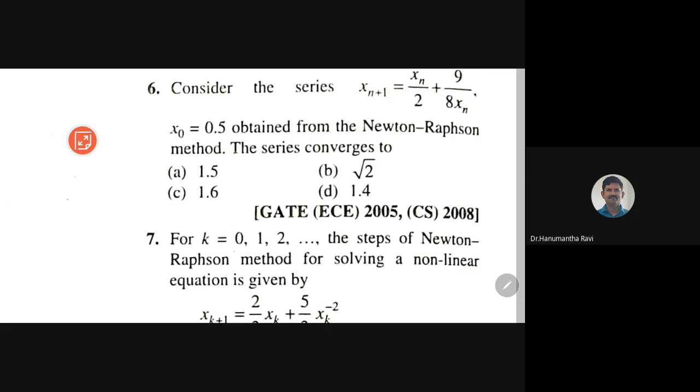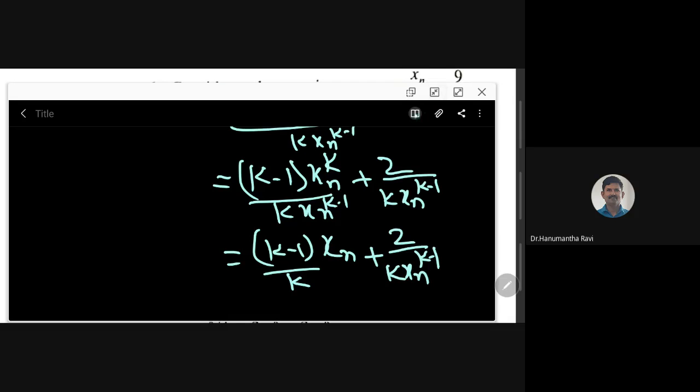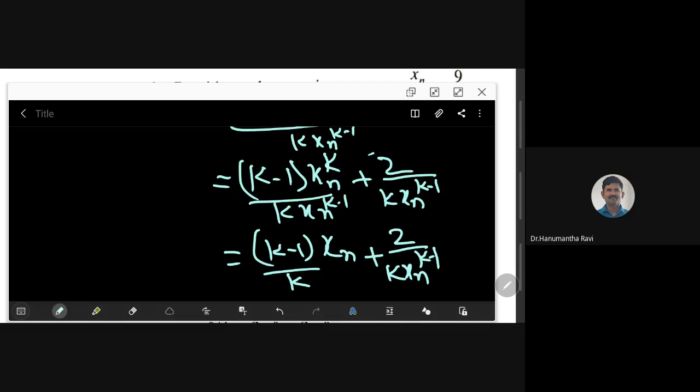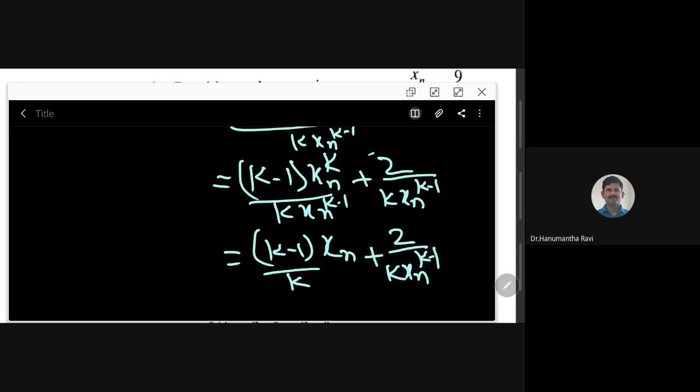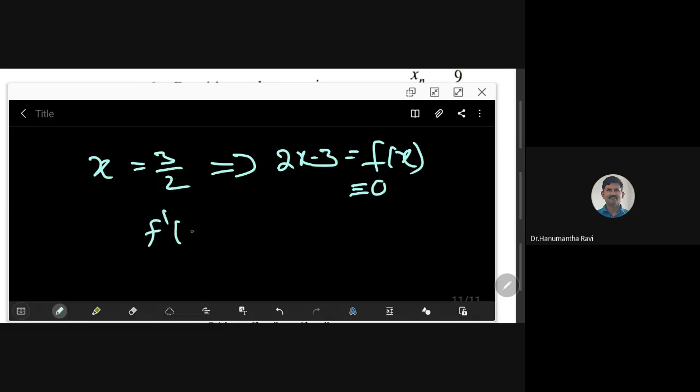So 3 by 2. Okay, we'll do one thing. Suppose you want to find 3 by 2 by Newton-Raphson method. So what will happen? x is equal to 3 by 2. So 2x minus 3 is your f of x. We need to find f of x identically equal to 0. So what is f dash x? f dash x is 2.